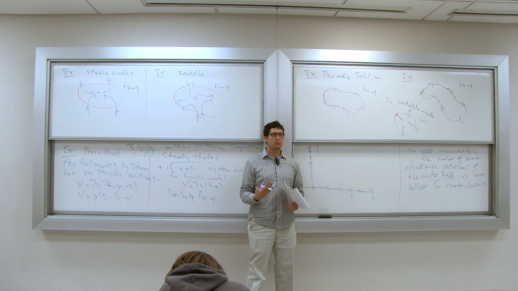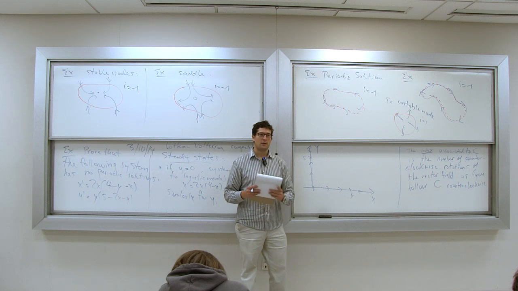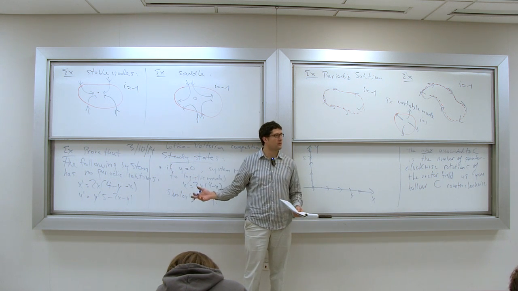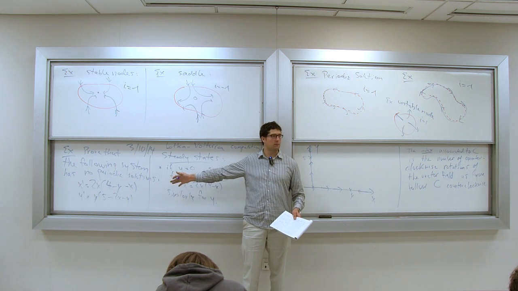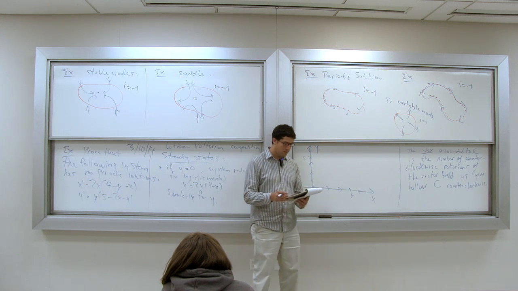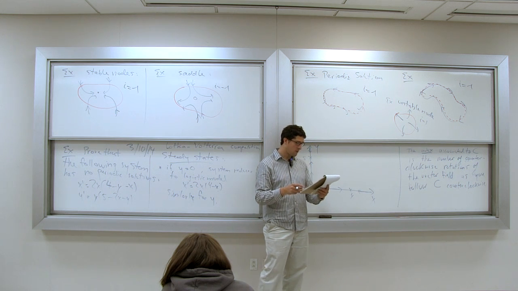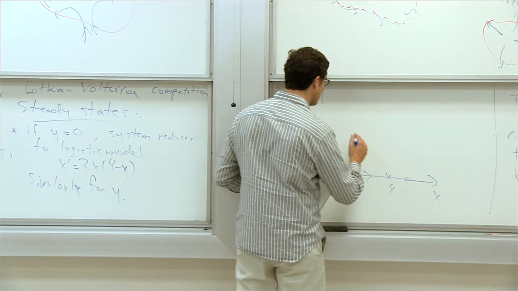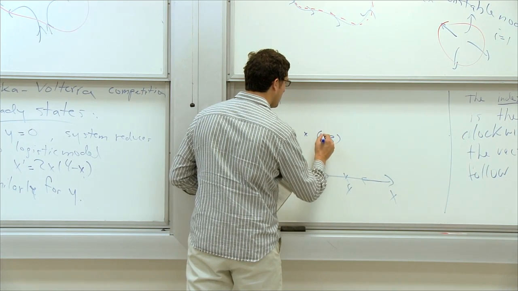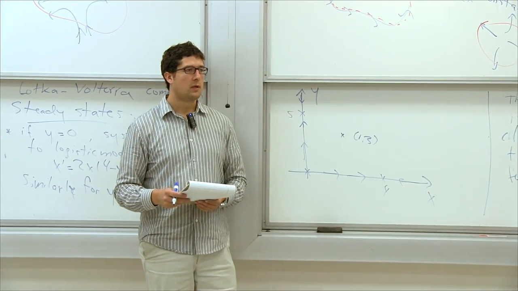Okay, and there is one more steady state. Actually, we've already found 3 steady states, 1, 2, 3. The other steady state is the one where x and y are both bigger than 0, and you can just set the right-hand sides equal to 0 and find it.